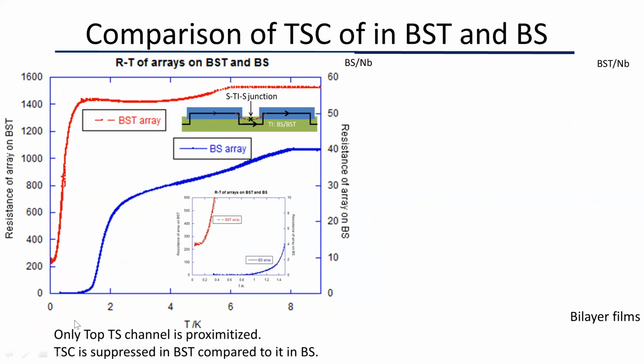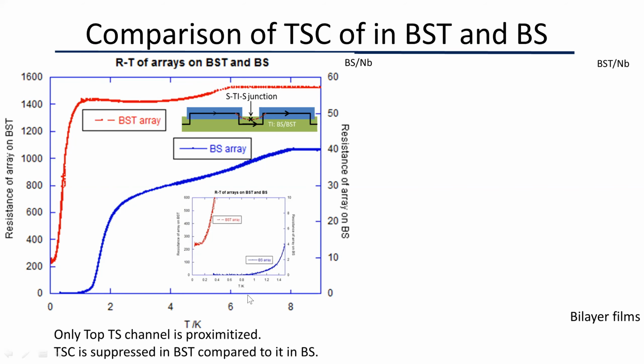It is obvious that the proximity effect in bismuth selenide is stronger than it is in bismuth antimony telluride, and we want to conclude that only the topological surface channel of bismuth antimony telluride is proximatized.